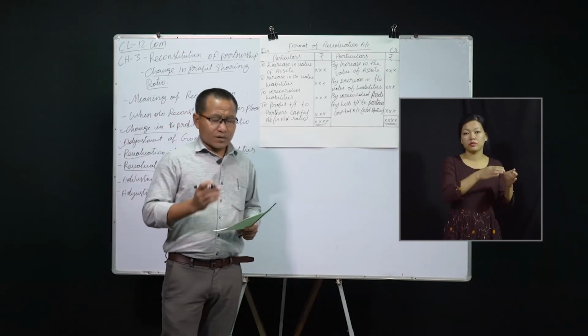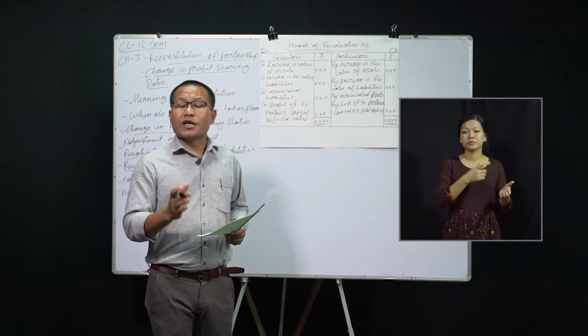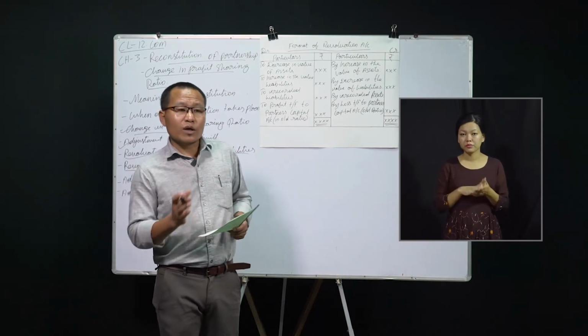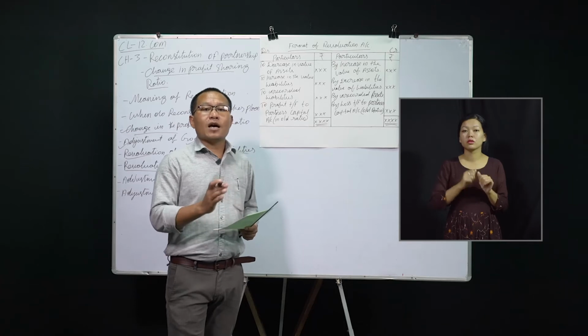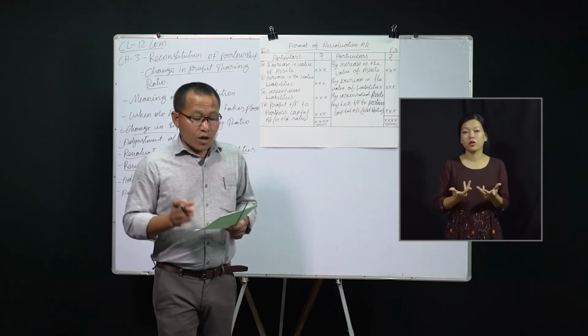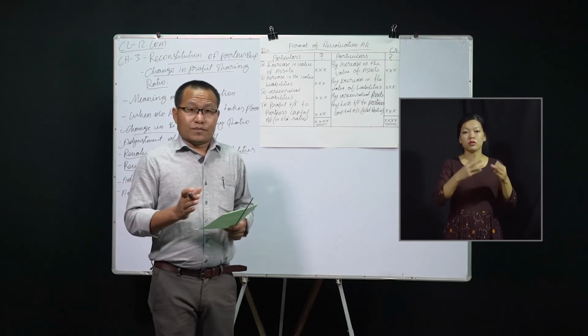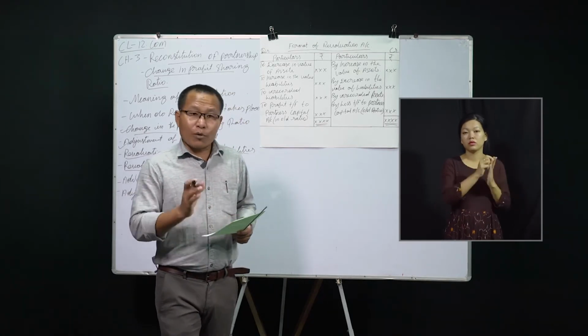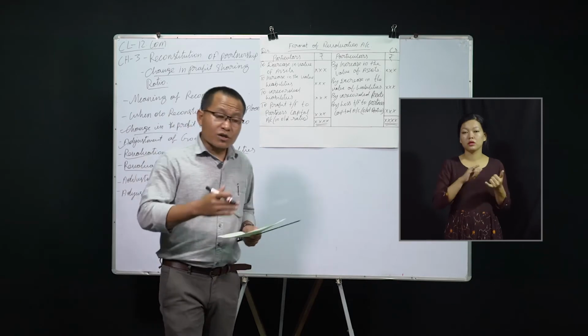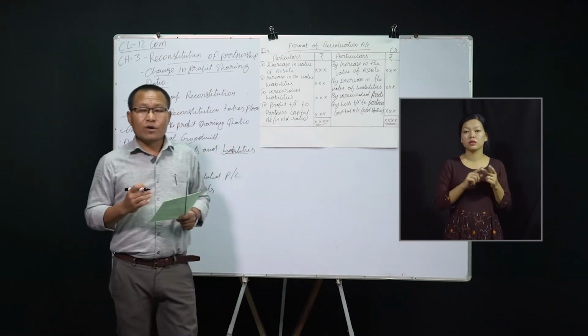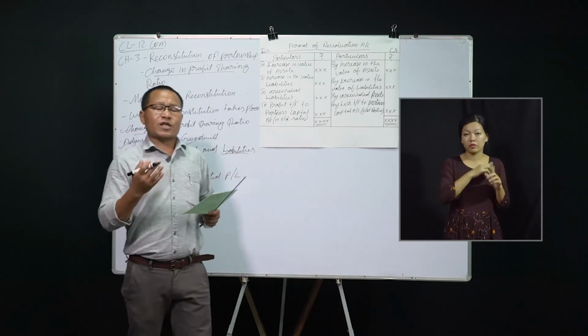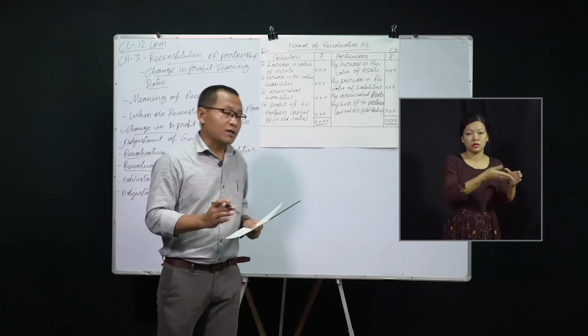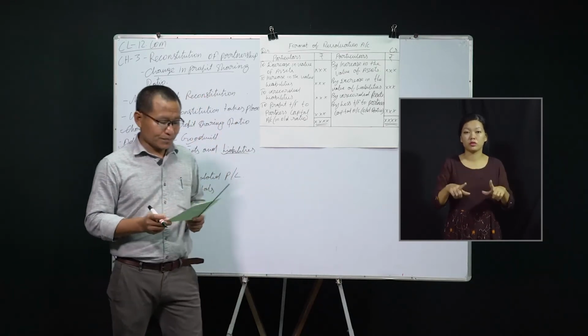This revaluation account is a nominal account, or in other words, a profit and loss account. We prepare it to ascertain profit or loss, that is, whether the firm has earned a profit or suffered a loss.